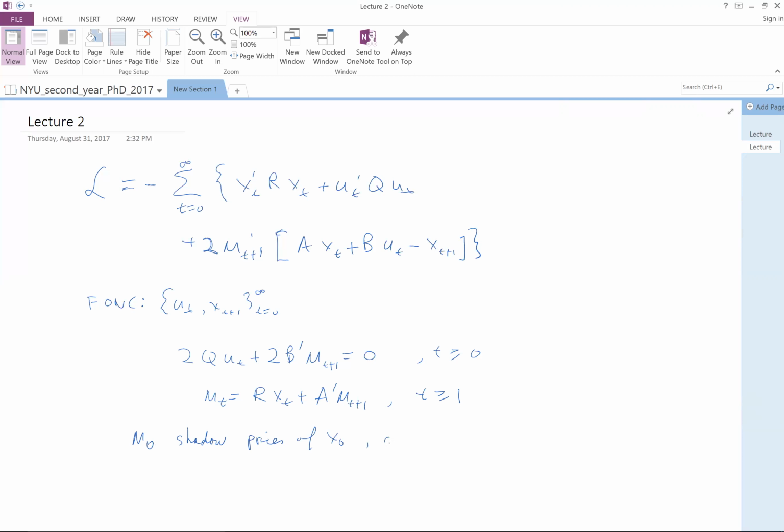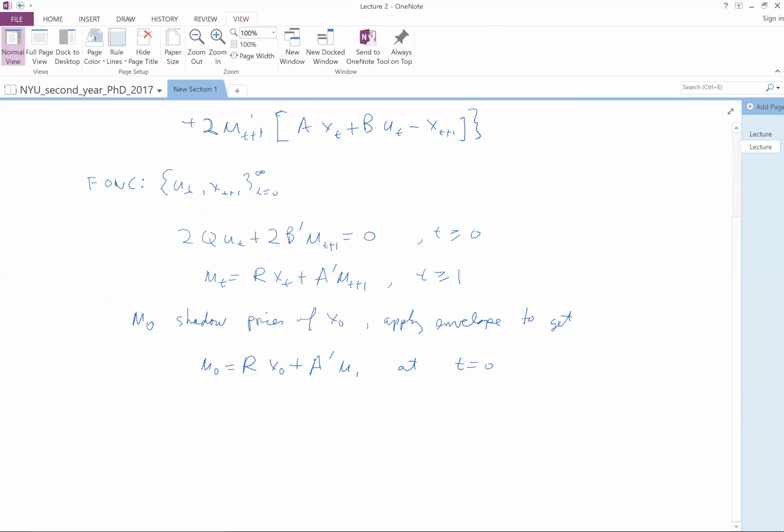And we're going to apply the envelope theorem to call this star now to get this condition at t equals 0. Okay.